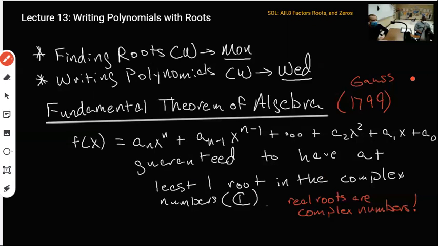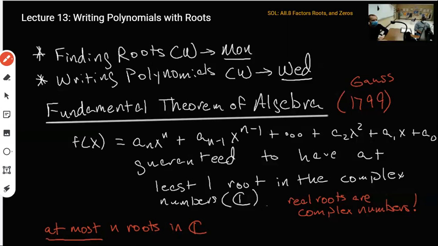Anyways, he proved the fundamental theorem of algebra, and the proof is a little bit complicated for an Algebra 2 class, but he basically said that this polynomial is guaranteed to have at least one root in the complex number system. And in fact, it has at most n roots in the complex number system.